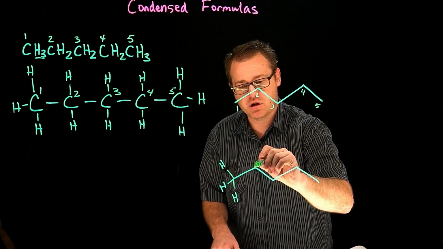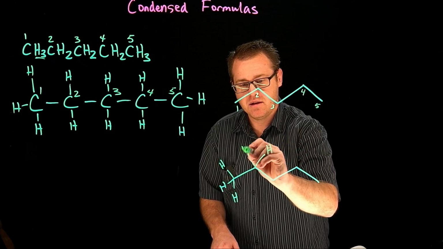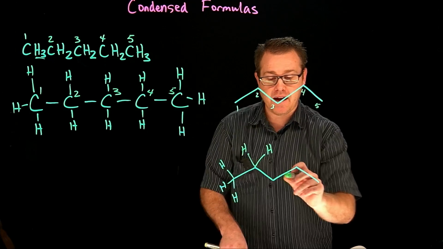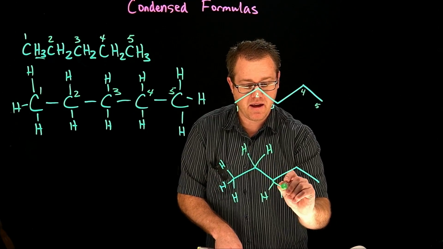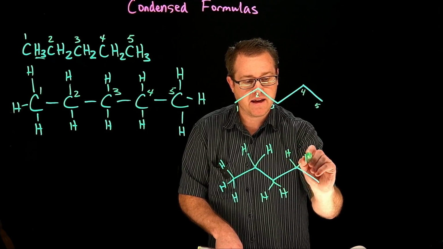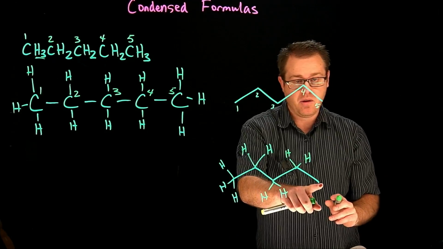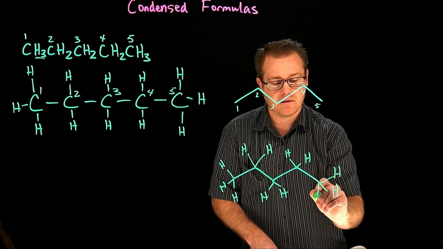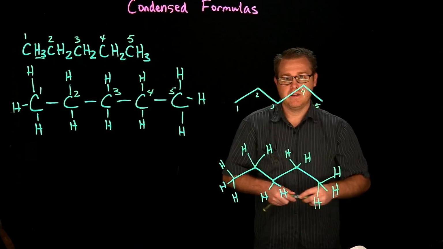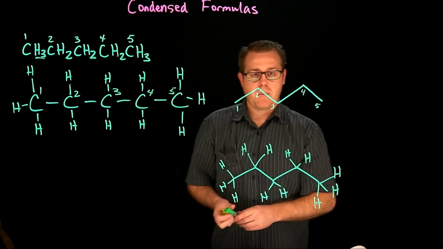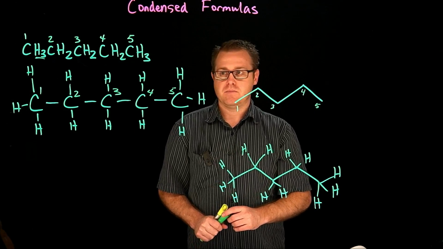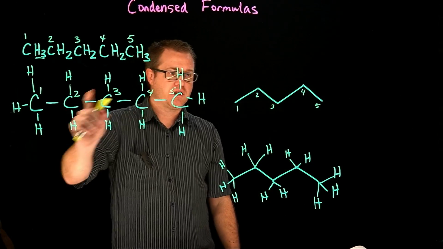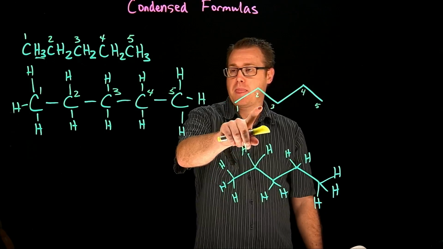So that means that there are 2 hydrogens that are not shown. If you keep going down the line, carbon 3 would be the same thing, and carbon 4 would be the same thing. Carbon 5, though, would have 3 hydrogens. So that's the condensed, Lewis, and zigzag structure.